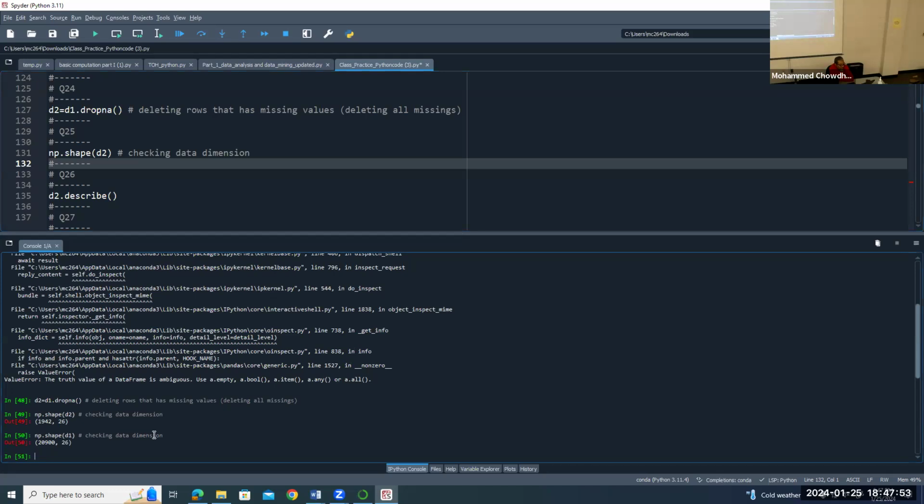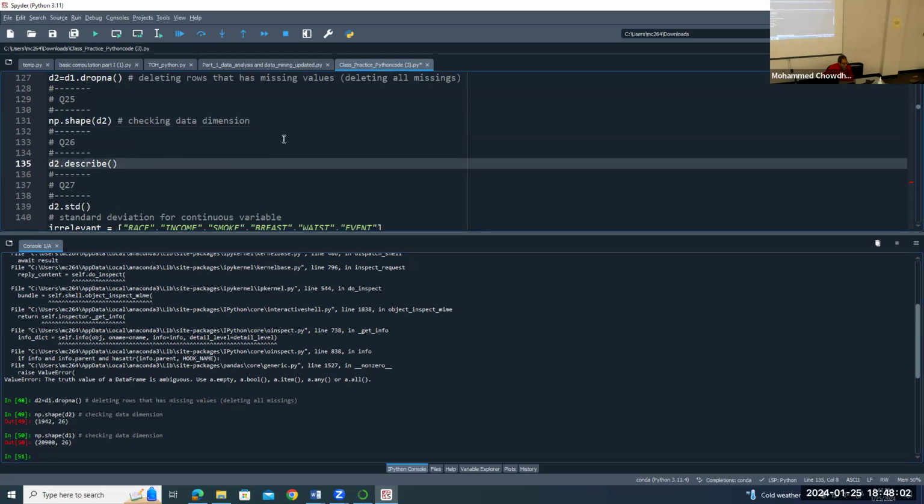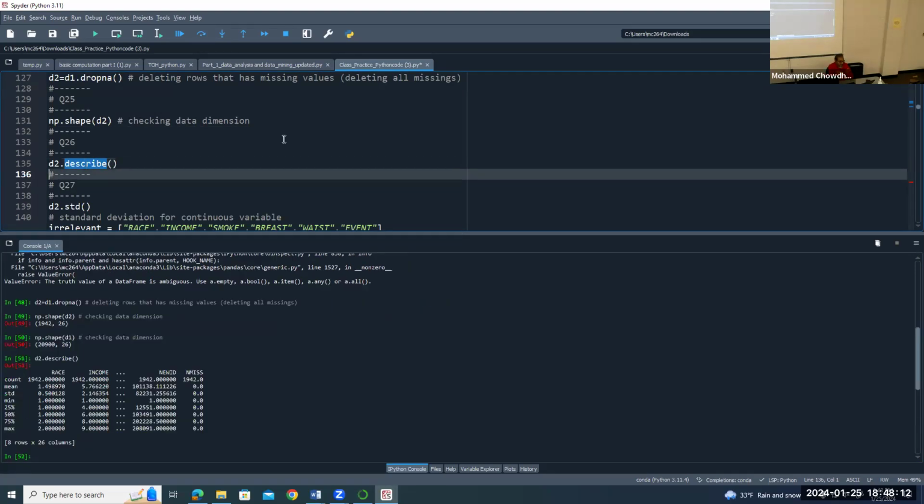Now, when I delete any row that has a missing value, I got 1942 rows. As D2 is the complete data, there is no missing entry in the data frame D2, so we can take a look at the summary statistics. That is where the difference is. I have done a complete analysis with the complete data, no missing values, and I have another analysis where there are missing values. Here is the difference.